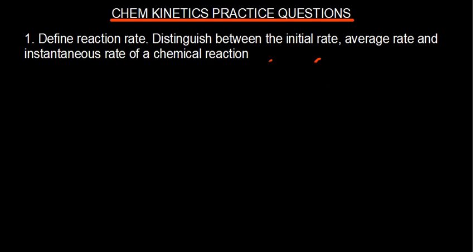So now let's get to define what we have in this case. The first question says, define the reaction rate. When you're talking about the reaction rate, you're looking at how fast a chemical reaction progresses.